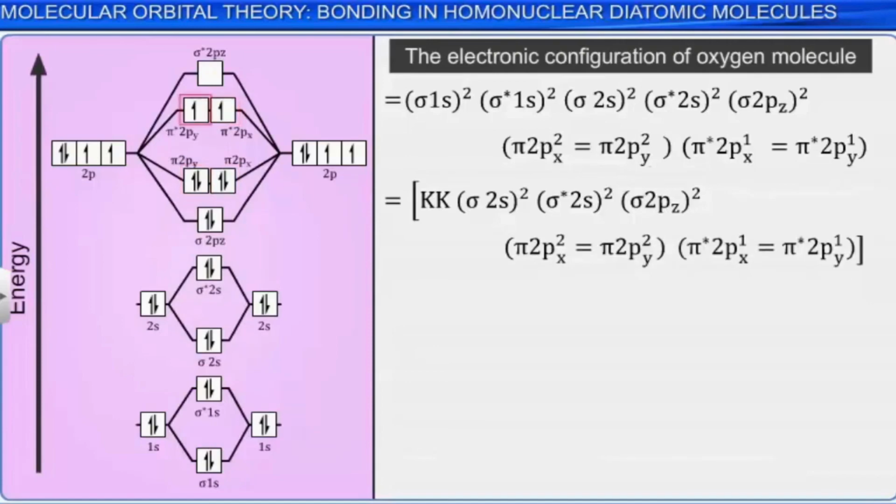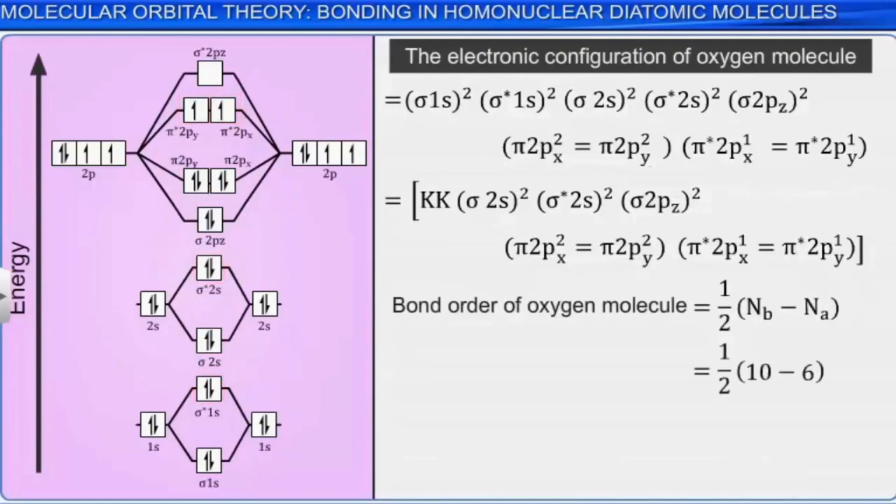The electronic configuration of oxygen molecule is such that there are 10 electrons in the bonding molecular orbitals and 6 in the anti-bonding molecular orbitals. Thus, the bond order of oxygen can be calculated as half of 10 minus 6, which is equal to 2. Hence, the oxygen atoms in oxygen molecule are held by a double bond.